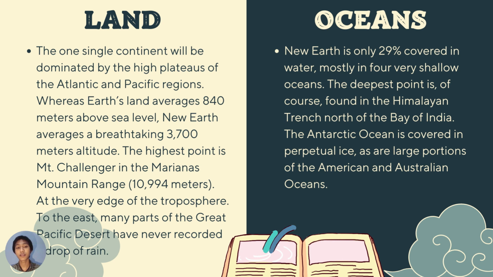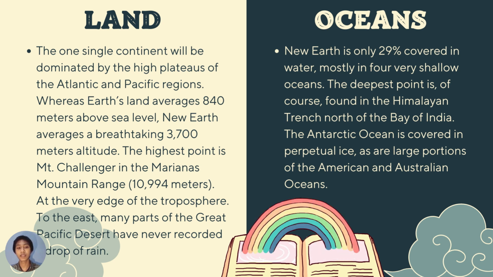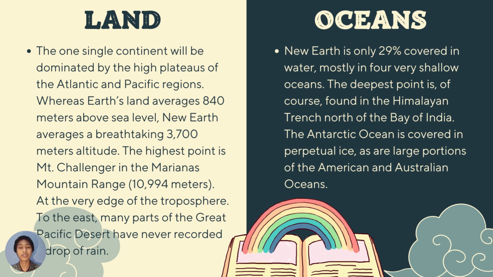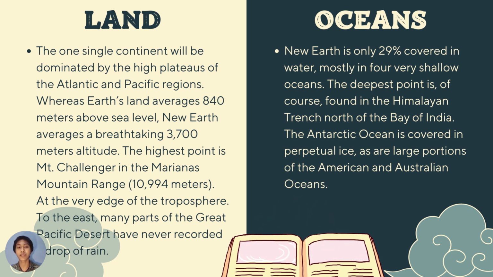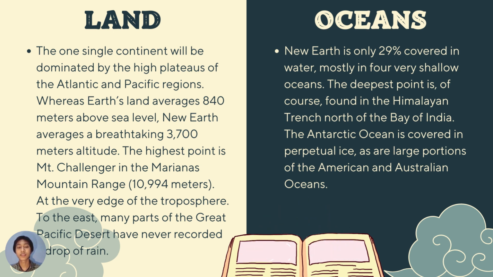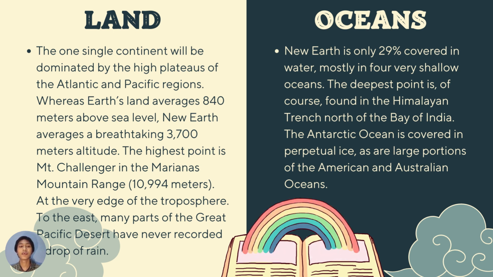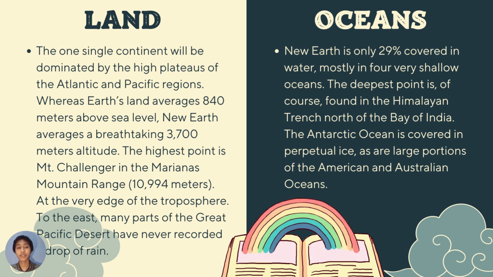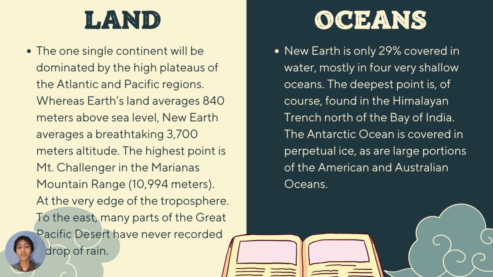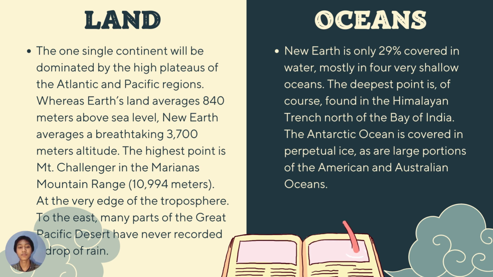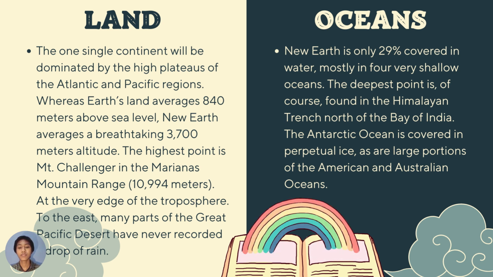The highest point is Mountain Challenger in the Marianas Mountain Range, which before was a trench, and now because it is inverted, it becomes a mountain at the very edge of the troposphere. To the east, many parts of the Great Pacific Desert have never recorded a drop of rain. The Pacific Ocean will become the Pacific Desert.